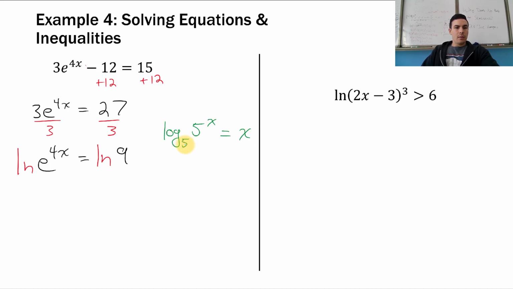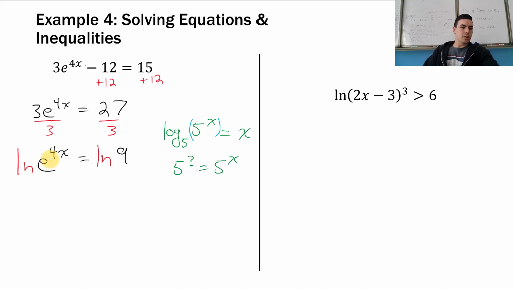If I think of this exponentially, this is saying 5 raised to what power equals 5 raised to the x power? Doesn't it make sense that it's just x? So that simplifies to whatever that exponent is when the base of my log is the same as the base of whatever's inside the log.